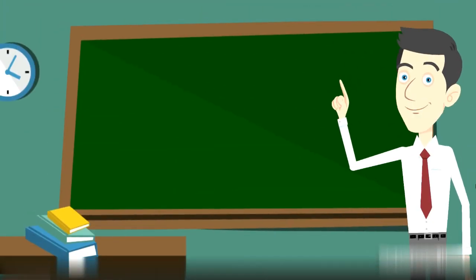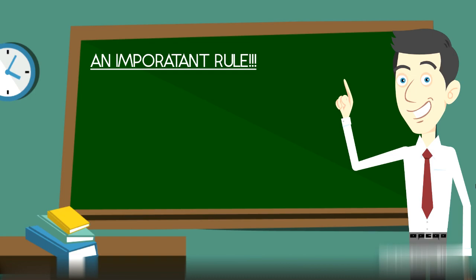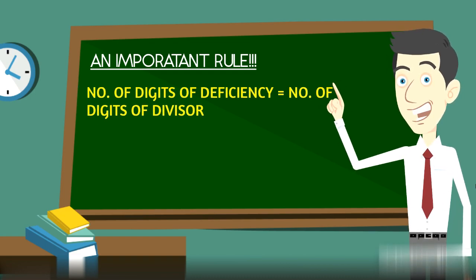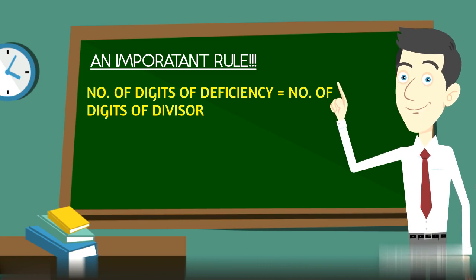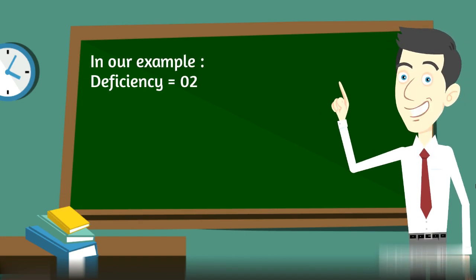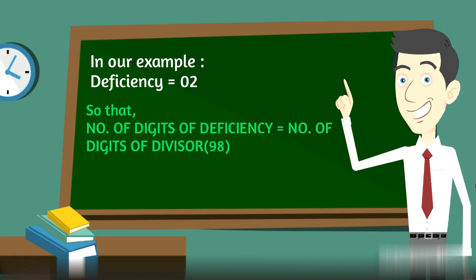But we should always remember an important rule in Nikhilam Sutra. That is, the number of digits of deficiency should always be equal to the number of digits of the divisor. So in this case, we make our deficiency as 02 so that the number of digits of deficiency will be equal to the number of digits of our divisor.